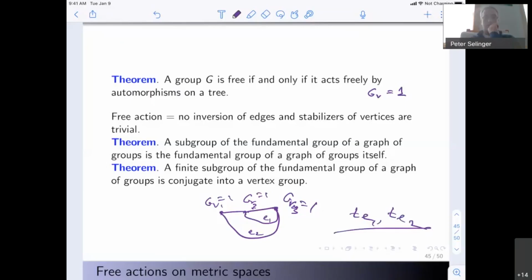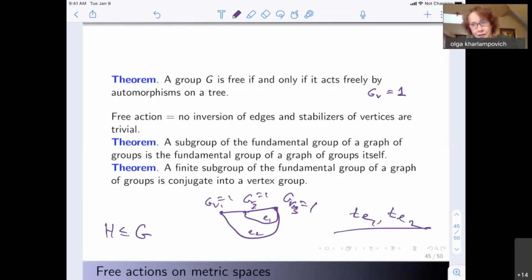Now the subgroup theorem. The subgroup theorem basically says that a subgroup of the fundamental group of a graph of groups is the fundamental group of a graph of groups itself, right? Because we have a group G, and H is a subgroup of G. Now G is a fundamental group of a graph of groups, so G acts on a tree. H is a subgroup of G, so H also acts on a tree.